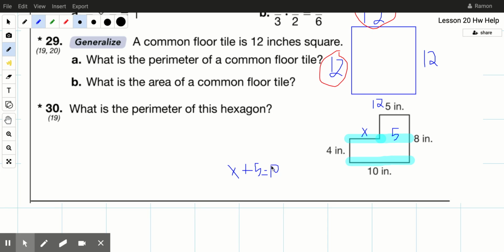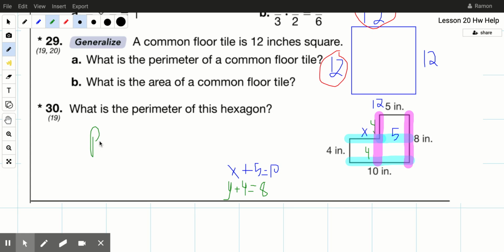Now for the y side, you have a slightly different setup. You have y plus 4 is equal to 8. So y plus 4 equals 8. And I know that you guys can solve this mentally if you really wanted to, but I would encourage you again to practice setting up those equations.